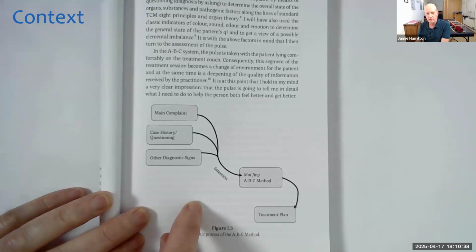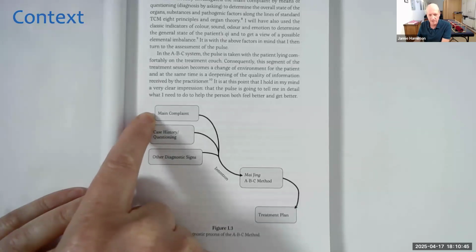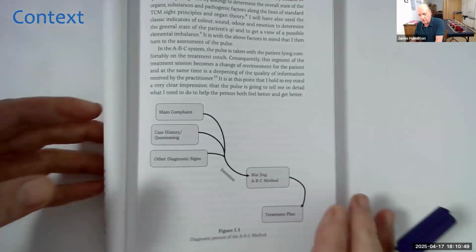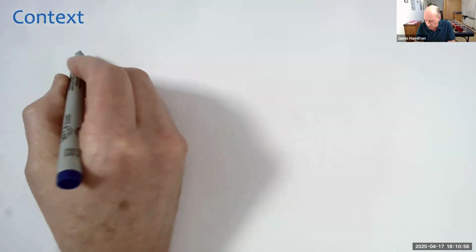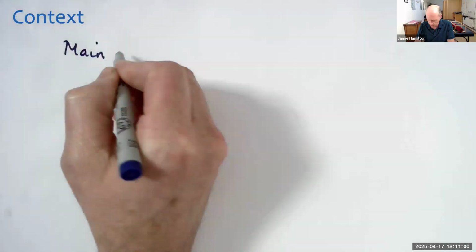Let's just start with the top thing here, the words main complaint. In fact, I'm going to draw it out so that you take it as it comes. You will see this diagram again in a minute. So basically, on the top left, we have the main complaint.